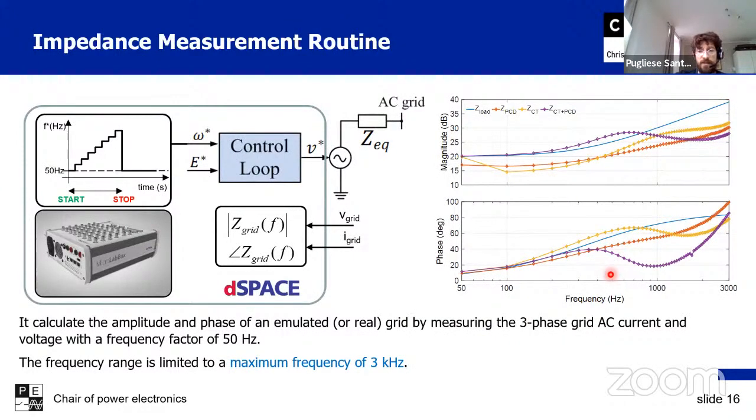How can we validate that we are representing equivalently, with the power in the loop, an impedance which is different from my real plant? So what we did is an impedance measurement routine.